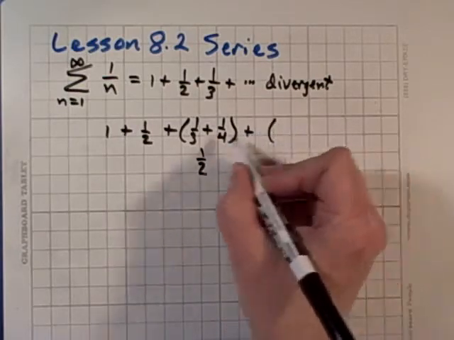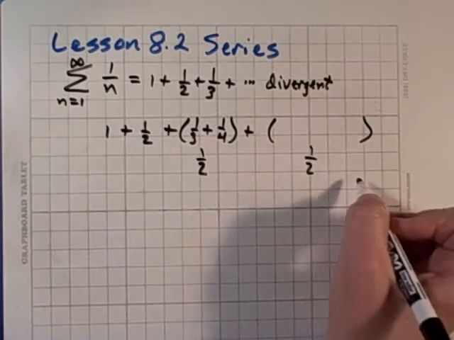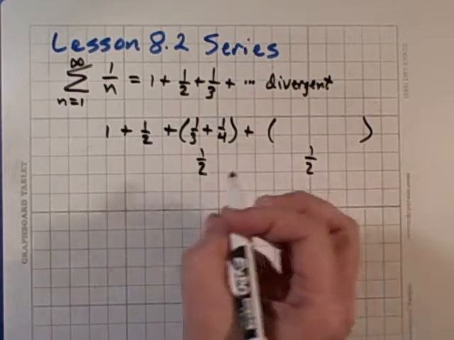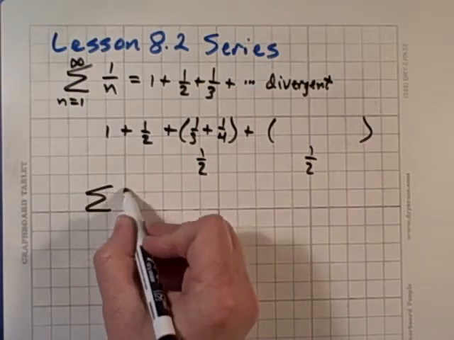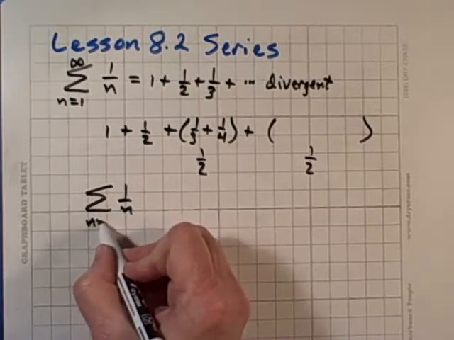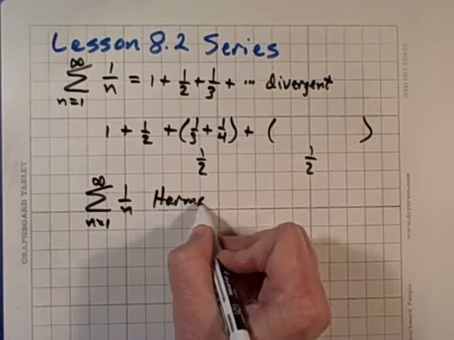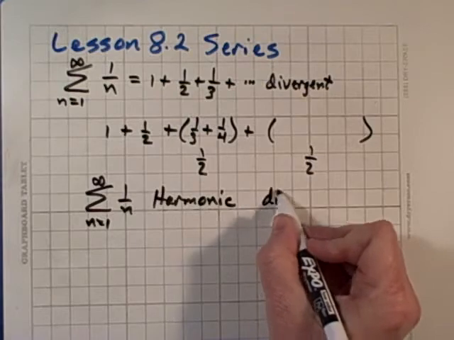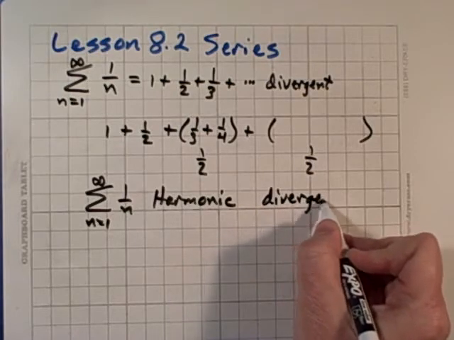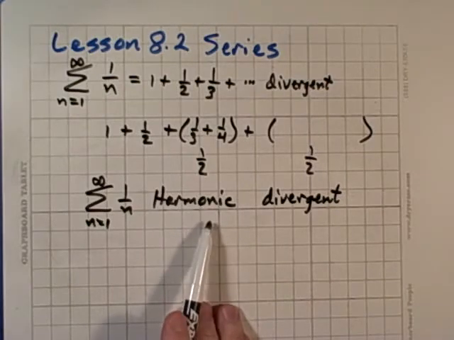And so when we group 2 terms, we group 4 terms, each of the groups end up bigger than 1/2. It does diverge, so it's true that the 1 over n series, which is referred to as the harmonic series, does not have a sum, and it is divergent. We can use that in comparing to other series in the future.